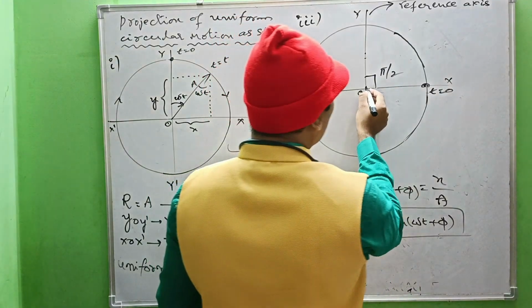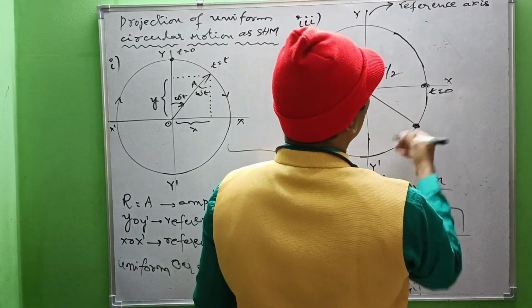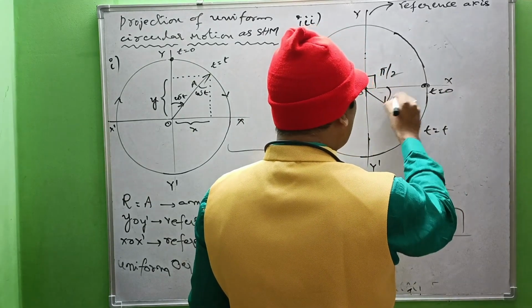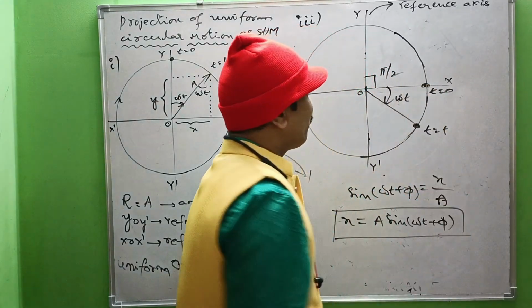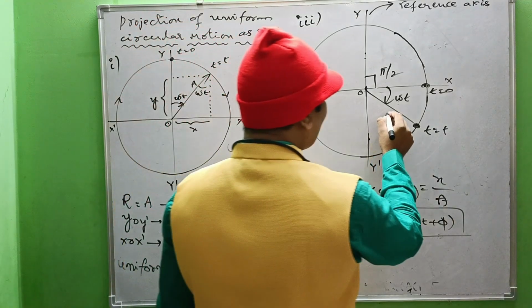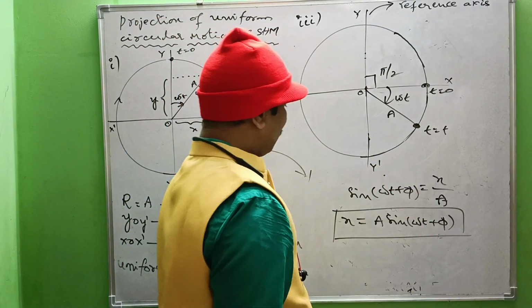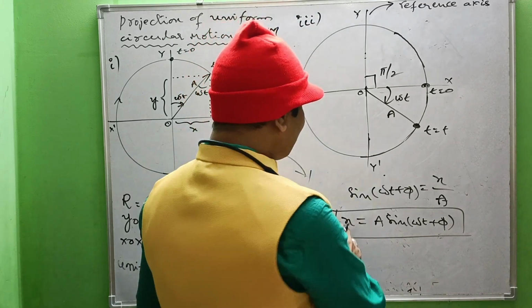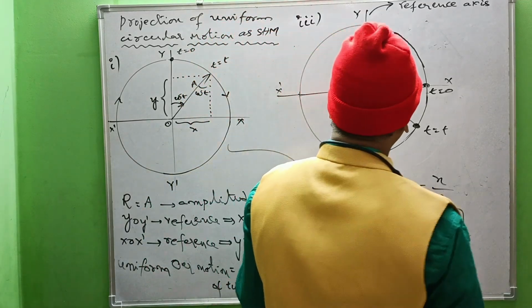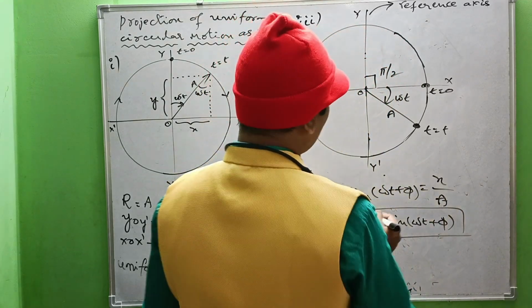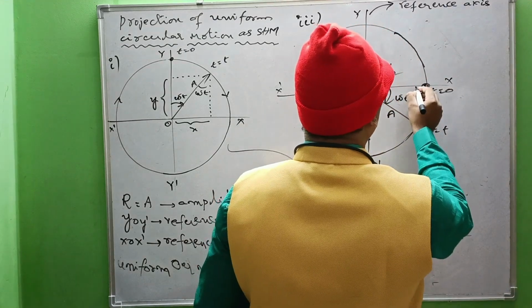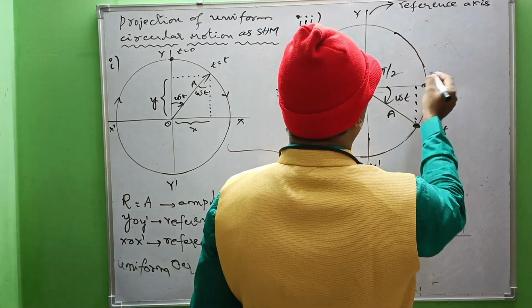At some other instant, it reaches a position somewhere here, at t equal to t. Now in the time interval, what is the phase angle acquired here? Omega t. Now this is the amplitude A. Now what is the valid expression here? X equal to A sin. See, I want to draw a normal onto the x axis.